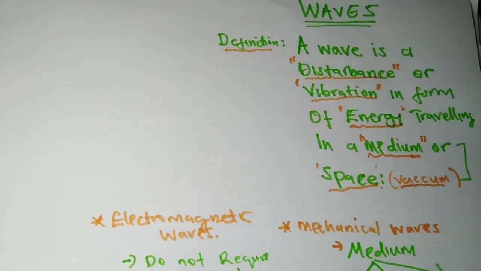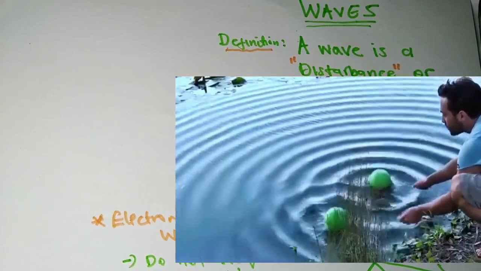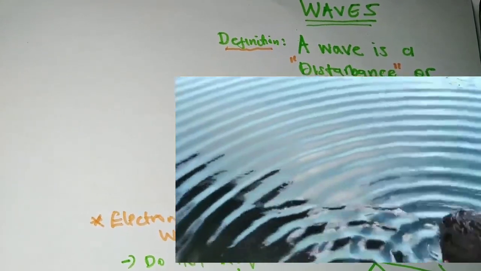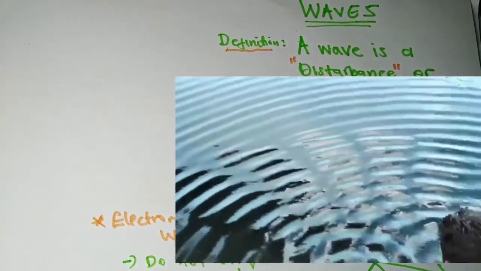Now we can give an example. Let's say we have a scenario here. You can see this man disturbing the water. He is making a disturbance on the surface of the water.